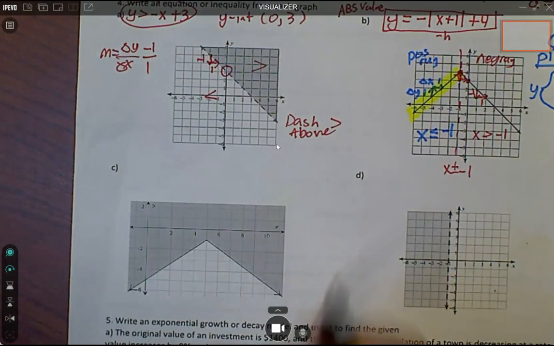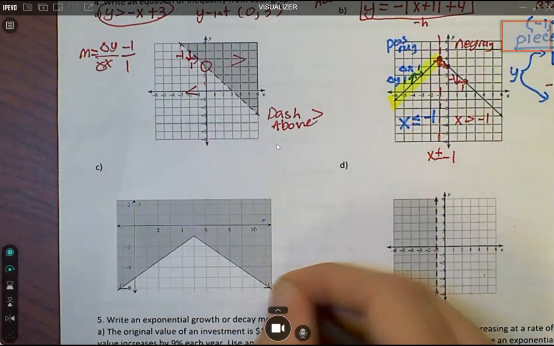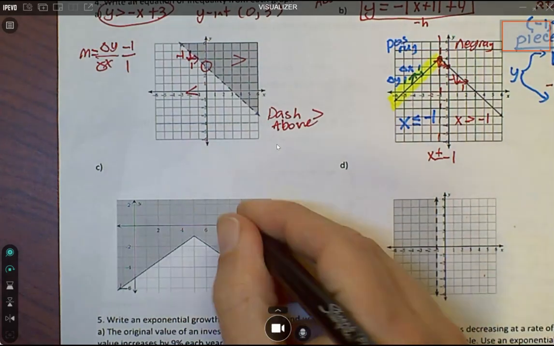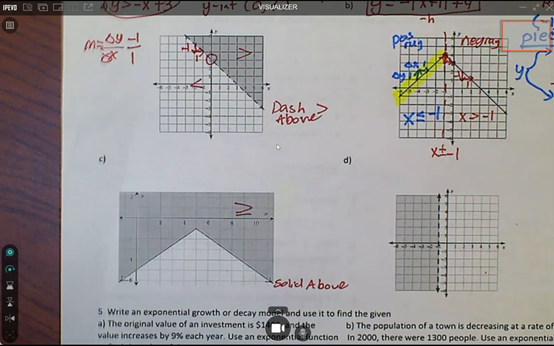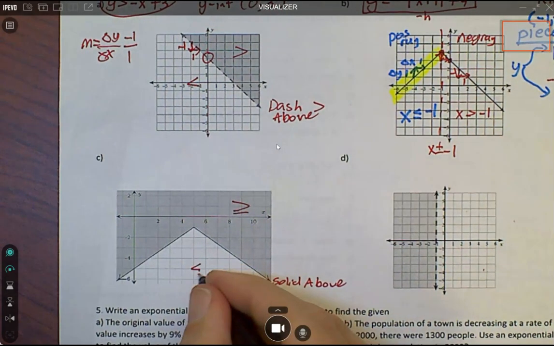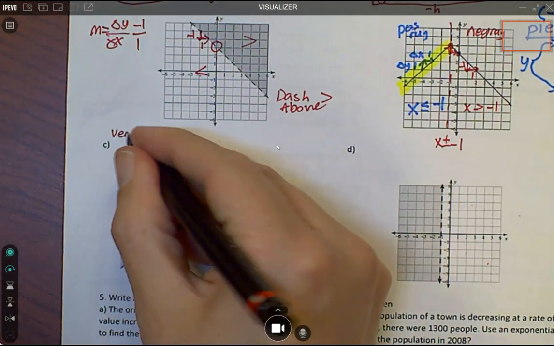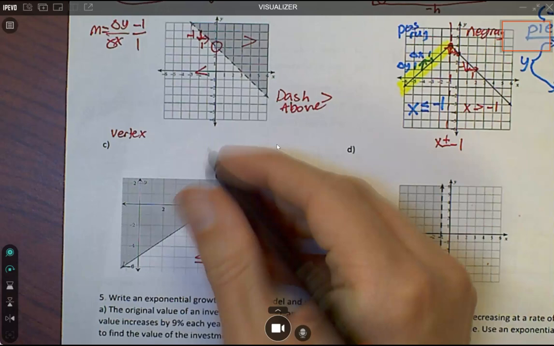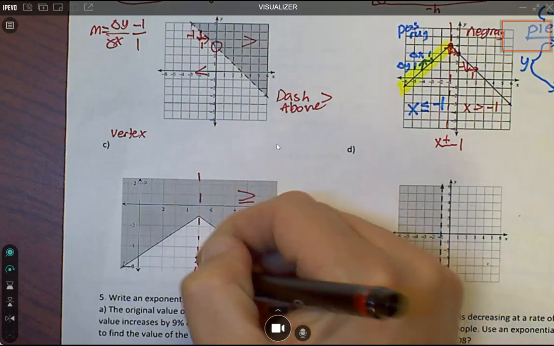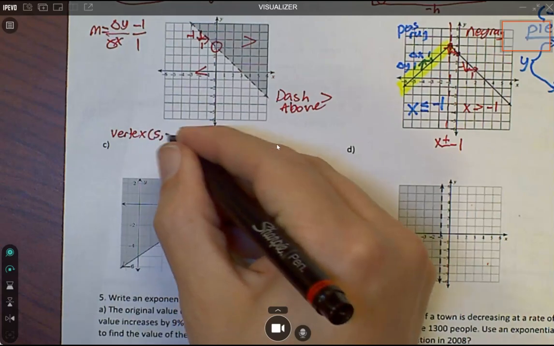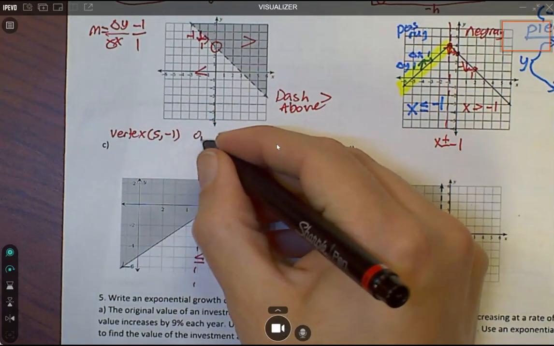Okay, so we got solid above. If it's solid and above, that's greater than or equal to. And this would be less than or equal to. Okay, vertex. Vertex is 5, -1. It opens down.